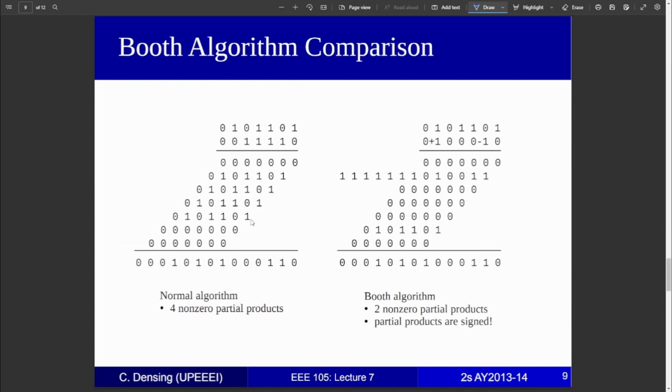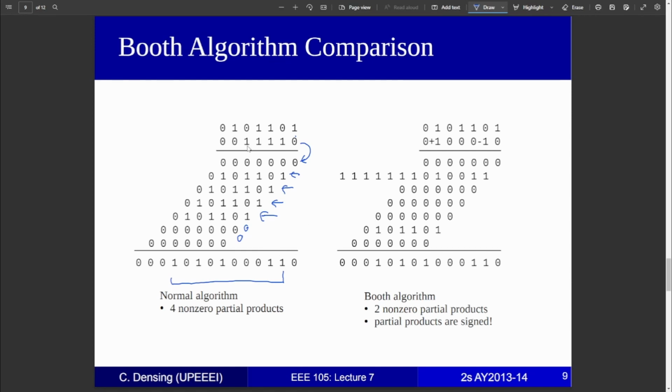You'll see that next. In the Booth algorithm, you can see here normal multiplication. So this 0 becomes 0, and then 1, you have partial products over here, an entire string of 1s, and then zeros here as well. The problem here is that you have a lot of addition operations, because you're adding four different things.